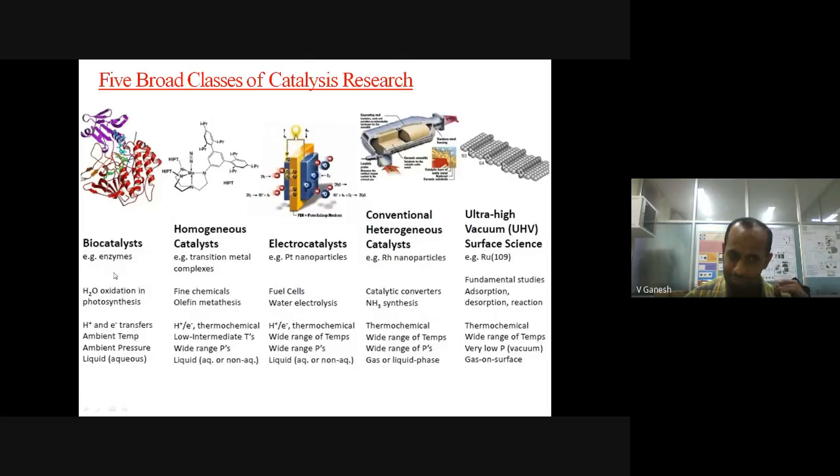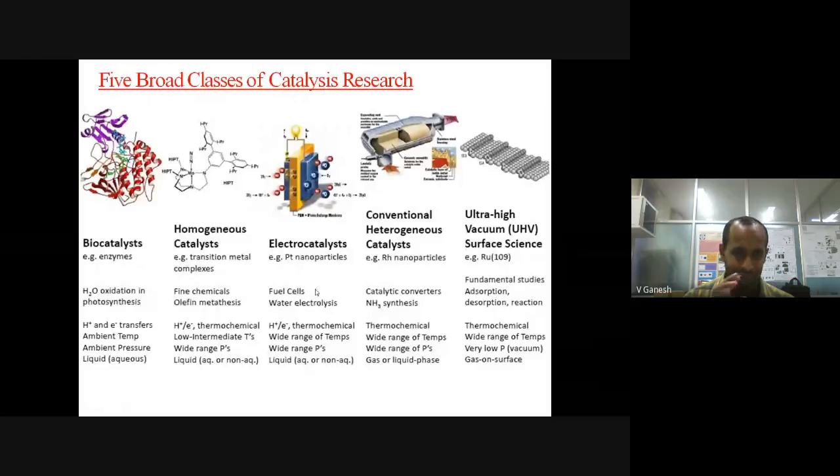One is biocatalysis. The second is homogeneous catalysis. Third, electrocatalysis. Fourth, conventional heterogeneous catalysis. And the fifth one is the modern area of ultra high vacuum surface science based catalysis. Our group essentially focuses on both bio as well as electrocatalysis.